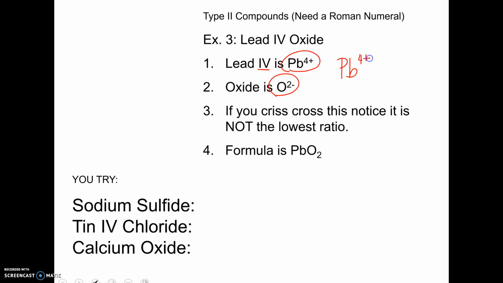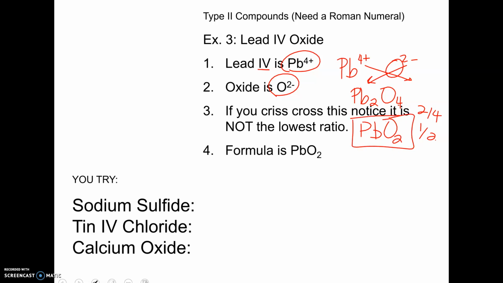Pb4 plus O2 minus. If I crisscross the charges, I get Pb2O4. Well, that's not the lowest ratio, right? 2 to 4 can be reduced to 1 to 2. So it would be PbO2 as our final formula.